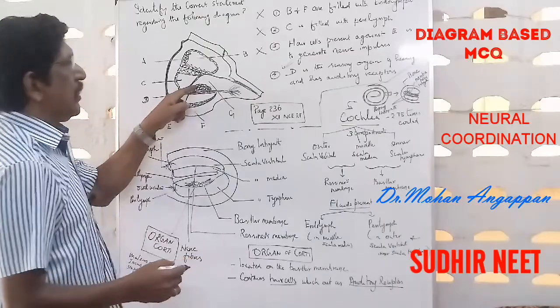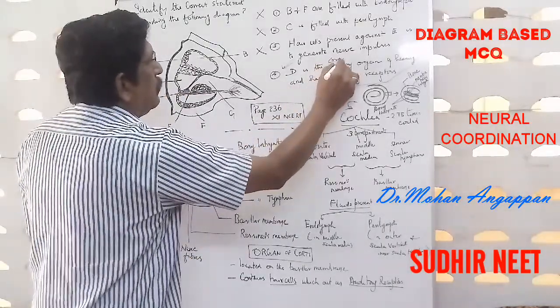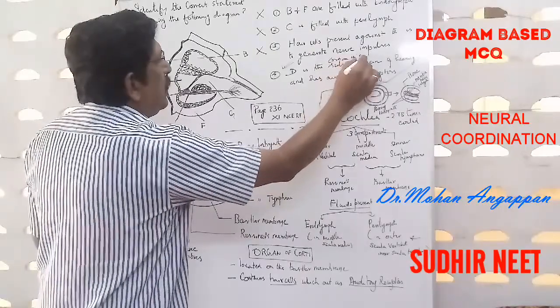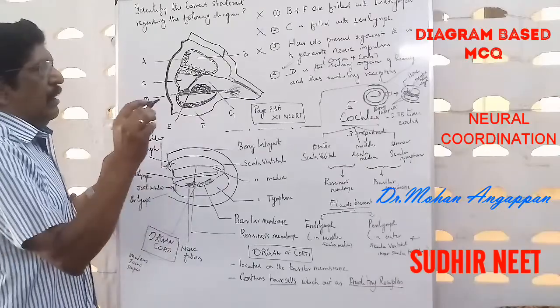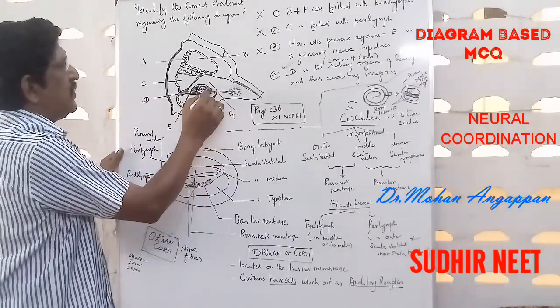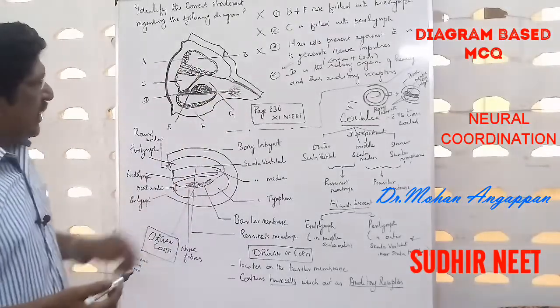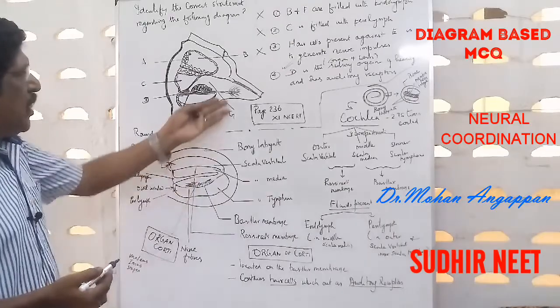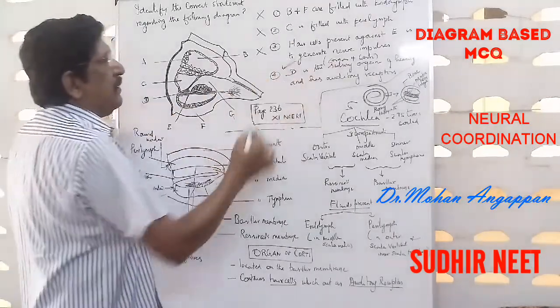D is the sensory organ, the organ of Corti of hearing, and has the auditory receptors, the hairs, which act as the auditory receptors. So the fourth option is the right answer.